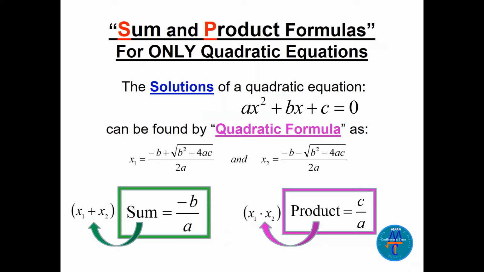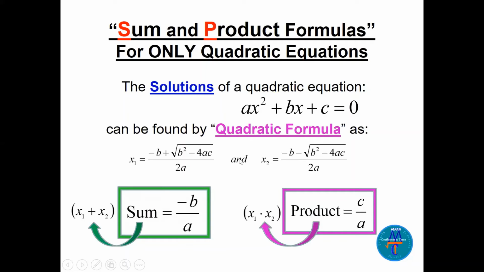Now, in quadratic equations, we have sum and product, nice formulas. Sum and product formulas are only for quadratic equations. See, if you have this equation, remember you have to have squared, second degree. These are the solutions by using the quadratic formula.